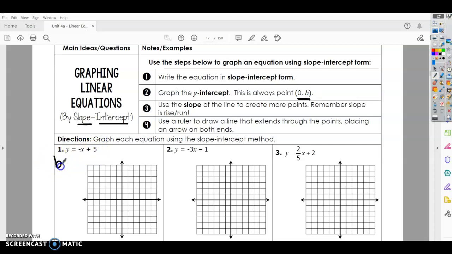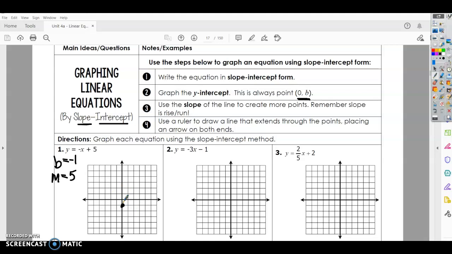So our b is negative 1, and our slope is 5. So we have a slope and a y-intercept, and these are easy to graph. So we just start with our y-intercept, which is negative 1. So you go down 1, so it's 0, negative 1. And then we use our slope to graph the next point.